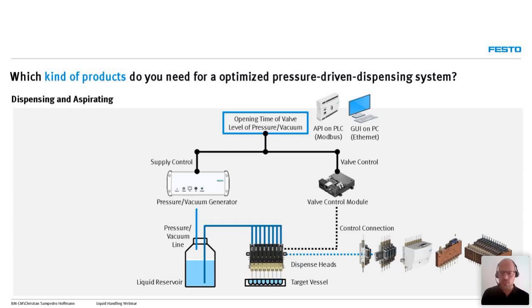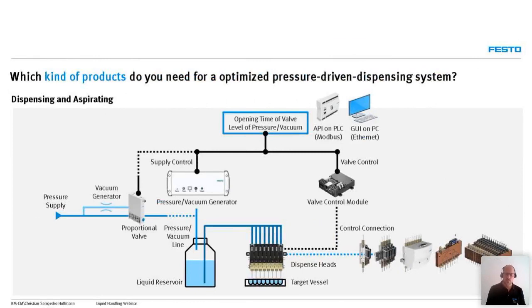There are also solutions where you only have one input, and by switching the valves on and off, you can divide the liquid into 8 channels, and then you have 8 times the same liquid dispensed. And you can put everything together and build up 96 channel dispense heads or whatever you want.